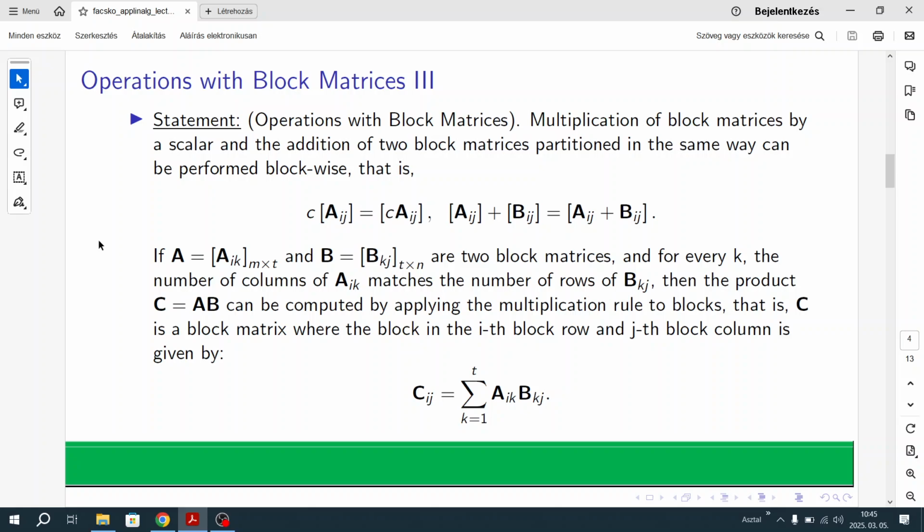The appropriate size means the number of columns of the first block and the number of rows of the second block are the same. You can do the multiplication. And this multiplication is just a matrix multiplication. It is very similar to the elements.